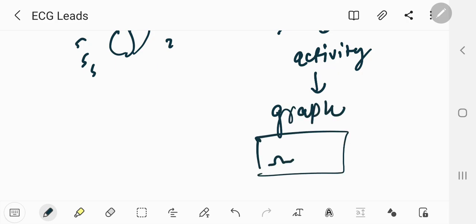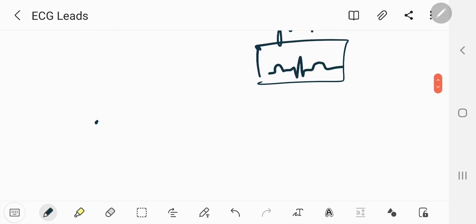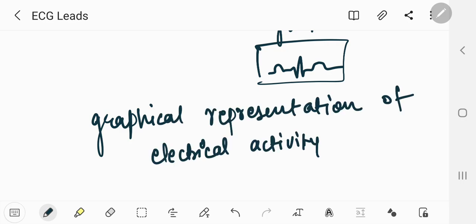So basically, ECG is nothing but a graphical representation of electrical activity of our heart. Nice, isn't it?